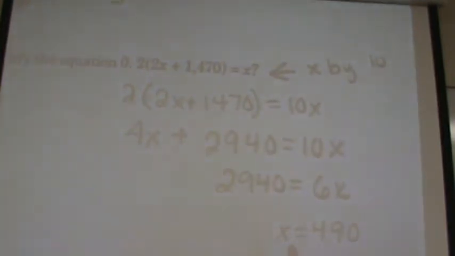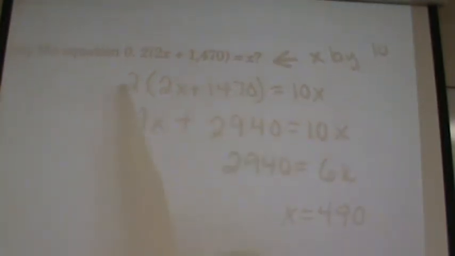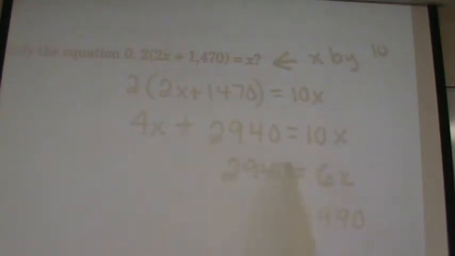So I multiplied both sides by 10. Then I distributed the 2, you get 4x plus 2,940. Bring this 4x over here, which is what you do when you solve equations. 6 divided by 2,940 is 490.